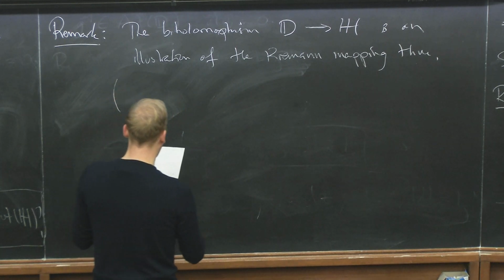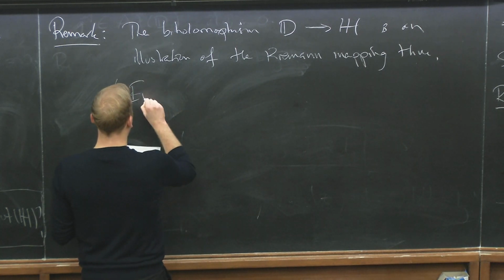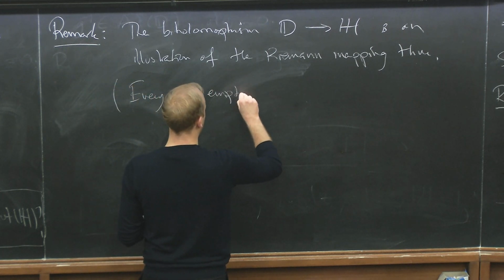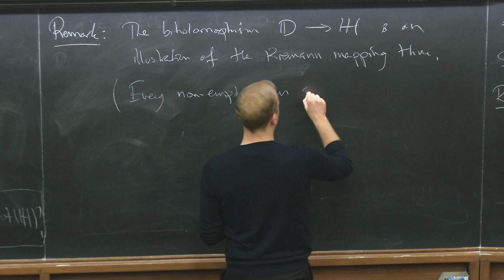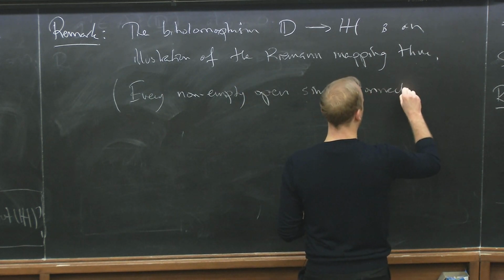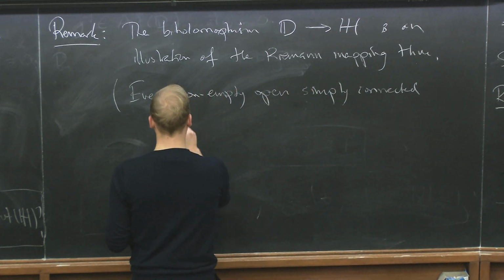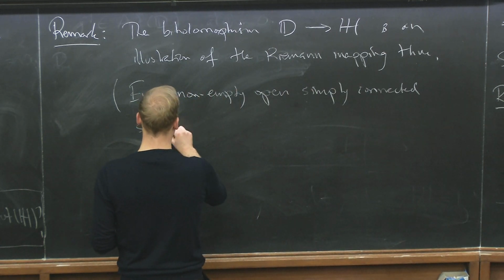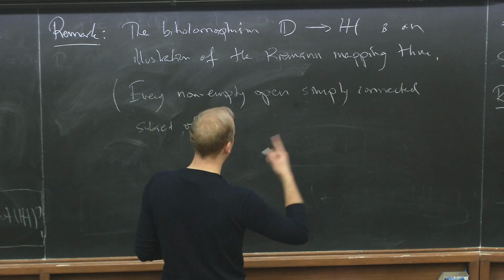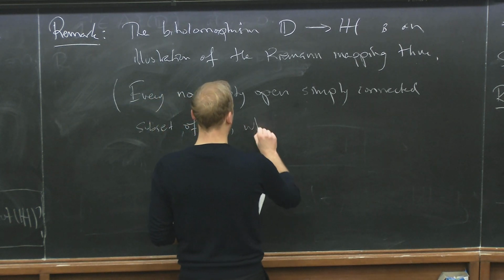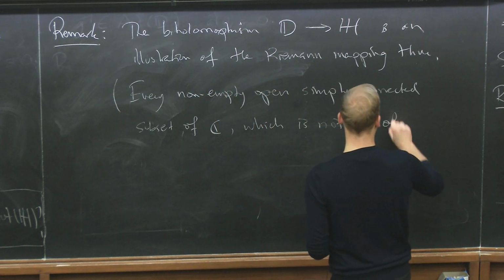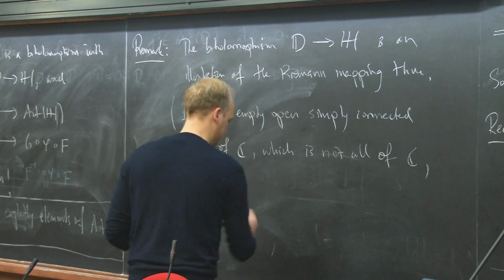which states the following. It says that every non-empty, open, and simply connected subset of C, with one exception, and the exception is that it cannot be all of the complex plane, so which is not all of C. Okay, so this is important.